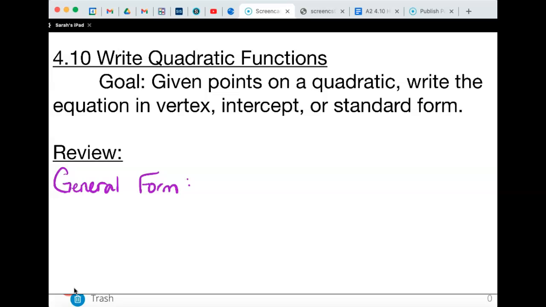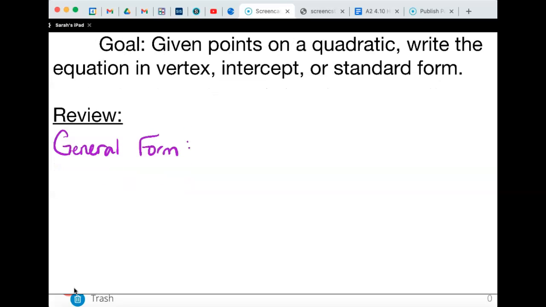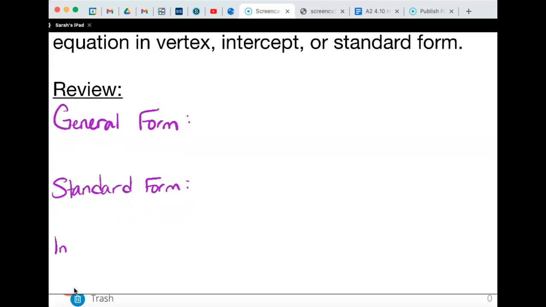So what is general form? Y equals ax squared plus bx plus c. Good. Okay, so that's general form.